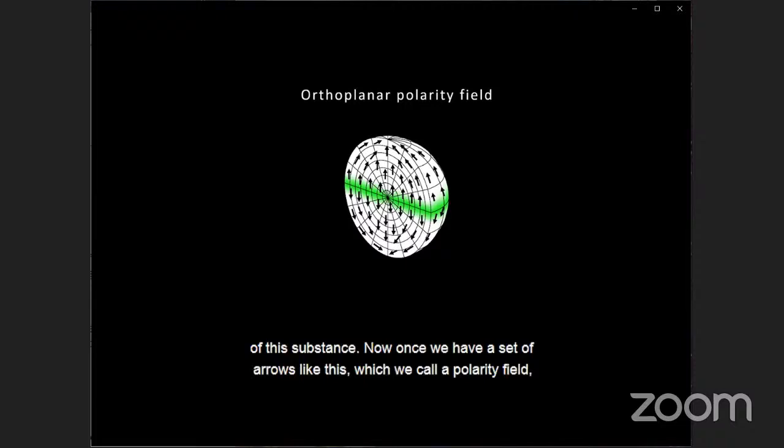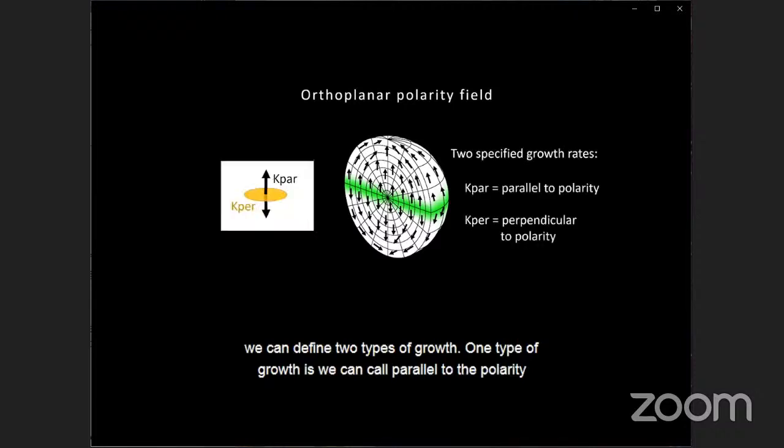Now, once we have a set of arrows like this, which we call a polarity field, we can define two types of growth. One type of growth is we can call parallel to the polarity field, K-par. So that's growth oriented parallel to the local polarity. So for each region of tissue which has an arrow, we can say the tissue might grow at a certain rate parallel to the orientation of that arrow.